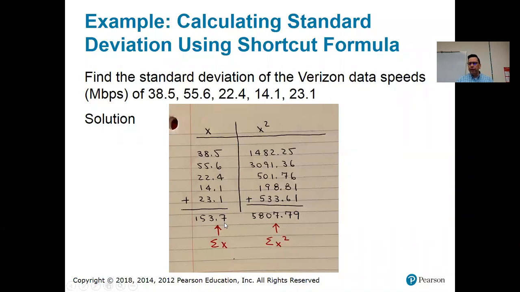But you don't actually have to find the mean. You just add those all together, and that's going to go in one place in the formula. And then over here, you just square your original numbers and add those together. So there are 2 important numbers here that are going to go into the shortcut formula. There's the sum of the original data, and then there's the sum of the squares.